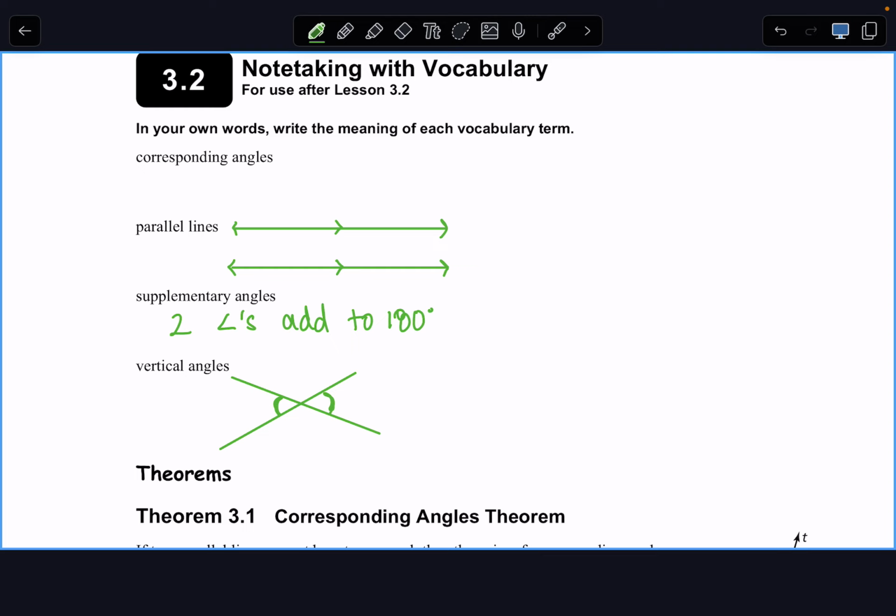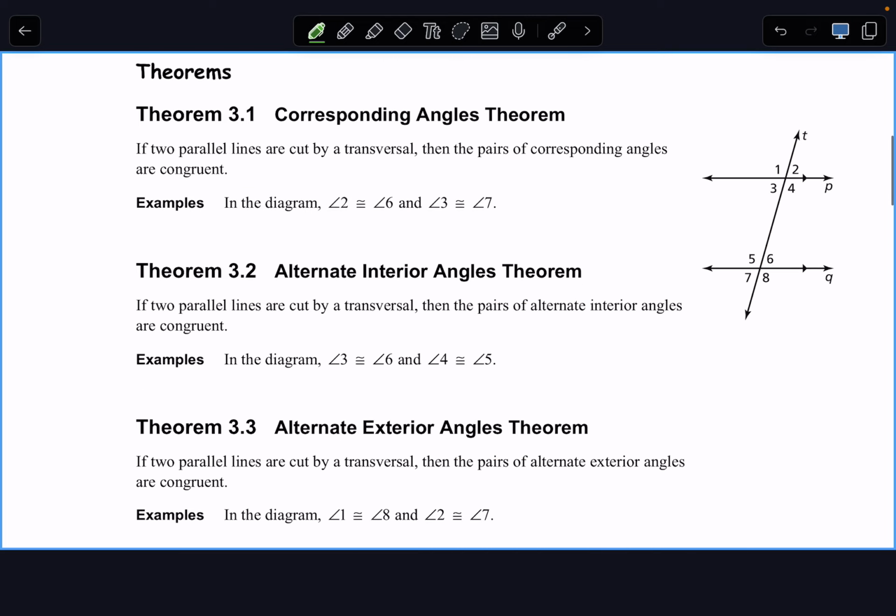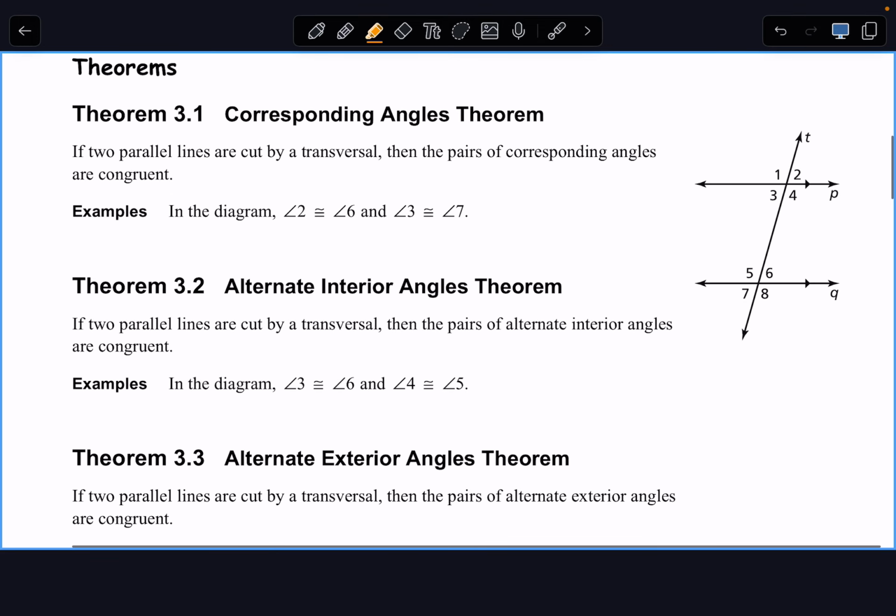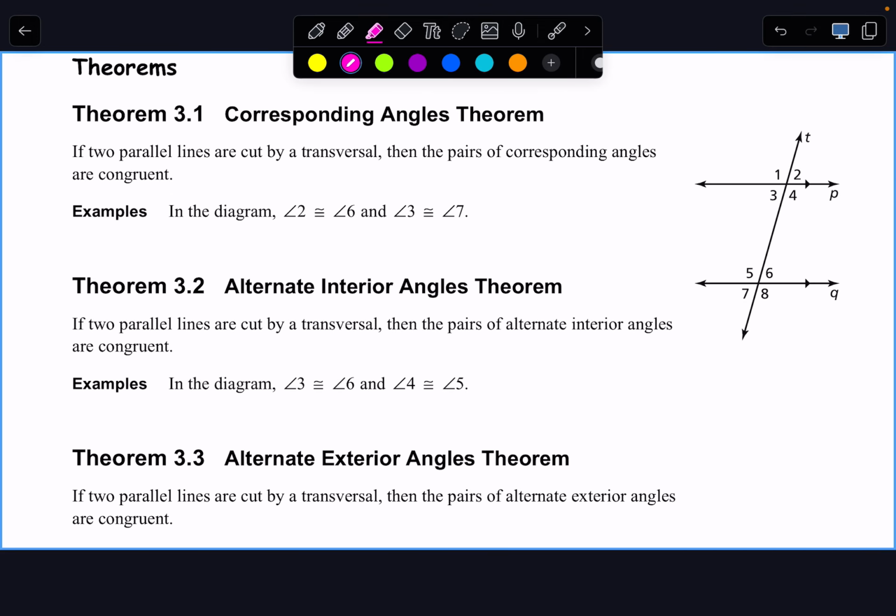So first and foremost, if we have parallel lines cut by a transversal, then corresponding angles are congruent. Okay, so angles 2 and 6 are congruent because they're corresponding angles with parallel lines.